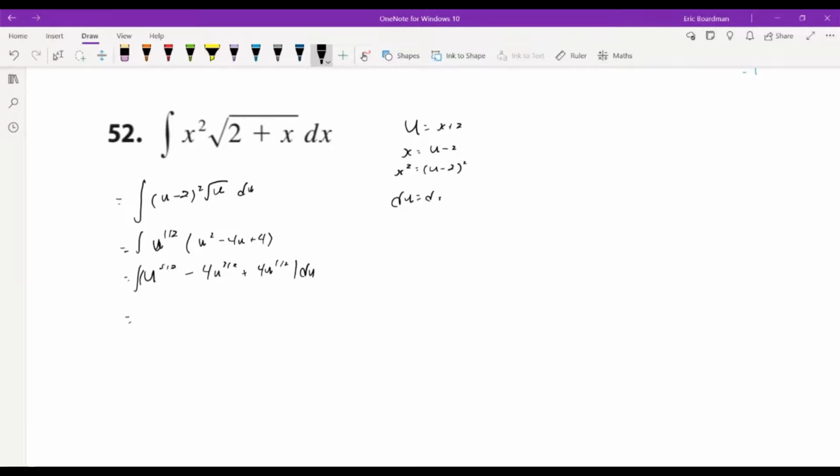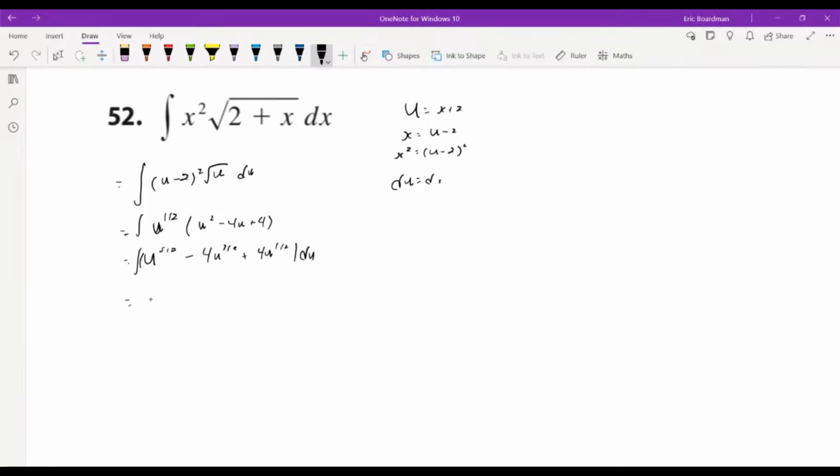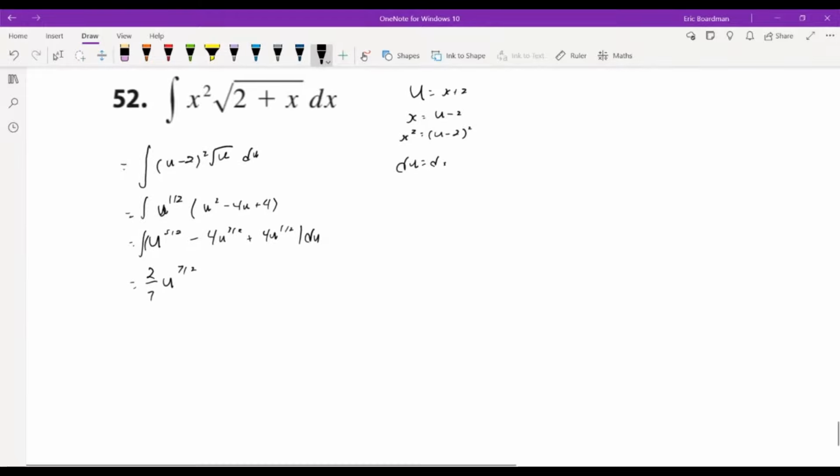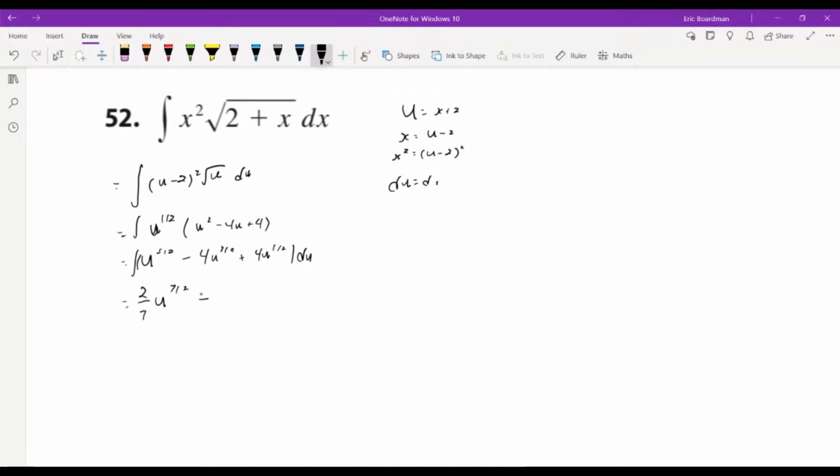And then if we integrate this, add 1 to the power, get u to the 7/2 divided by the power, which is 2/7, minus 4, leave a space there, 5/2 times 2/5, plus 4, leave a space again, u to the 3/2 times 2/3, and plus c.